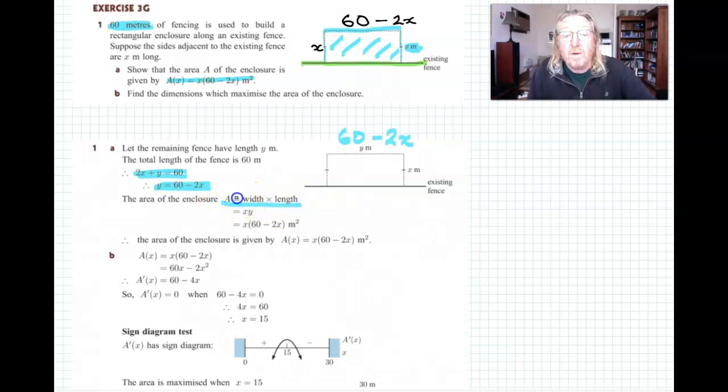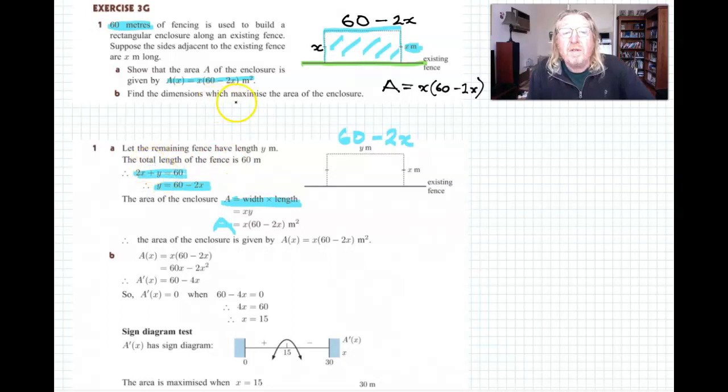Area is the width times the length, X times Y, so it's X times that 60 minus 2X. And so our area is equal to X times 60 minus 2X. Okay, that's what I would have done here. So that's how they did part A.